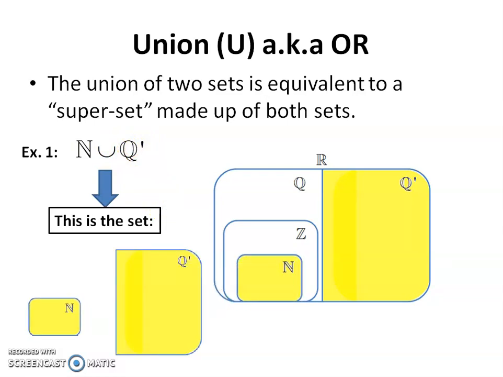That thing together, that's the set represented by this expression. So if I were to write N union Q apostrophe, it refers to this double set.